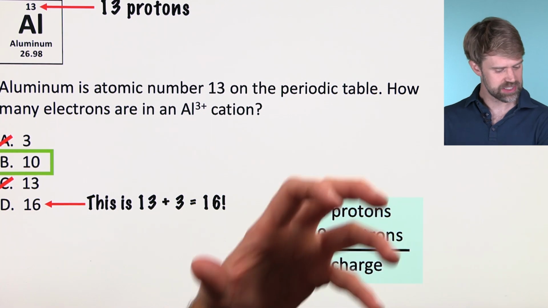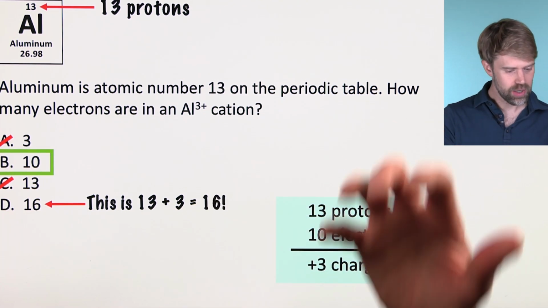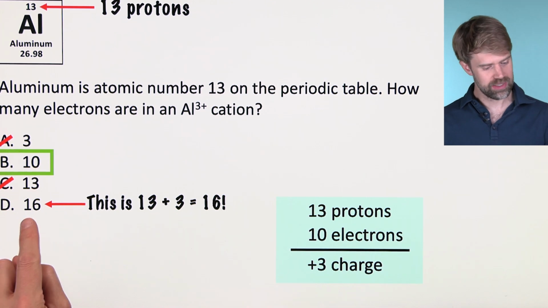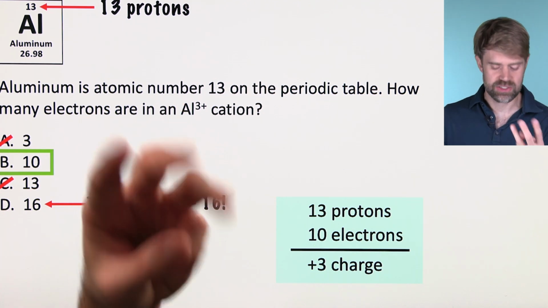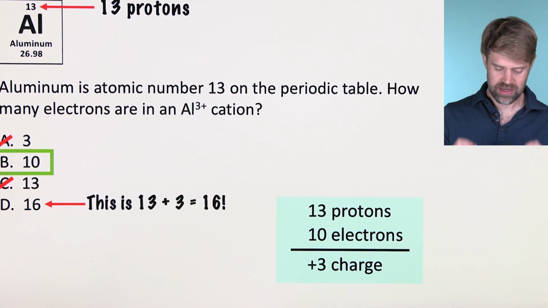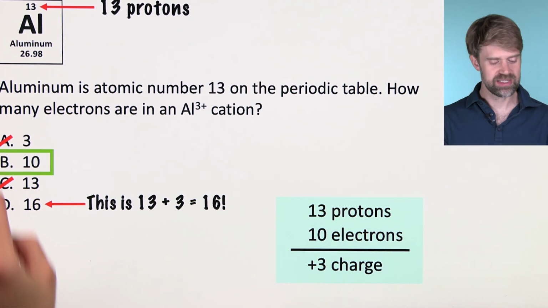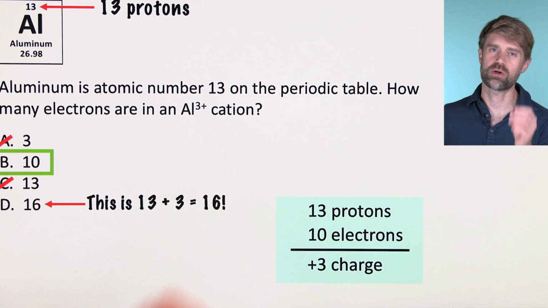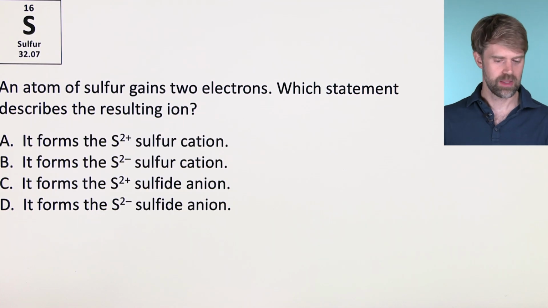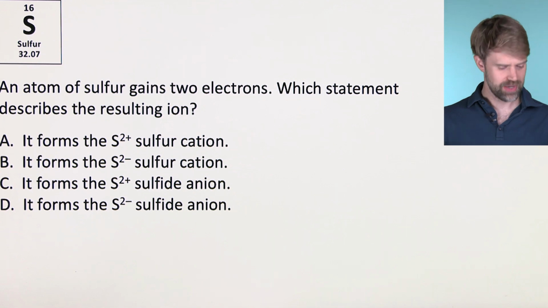The TEAS is expecting that some people are going to confuse the charge of electrons and that you might choose 16, which would give it a charge of 3- because it would be 3 more negative charges. So just remember, the TEAS knows all the common mistakes, so you want to make sure you understand this material very, very well. Since this is so challenging, let's try one more problem, okay?